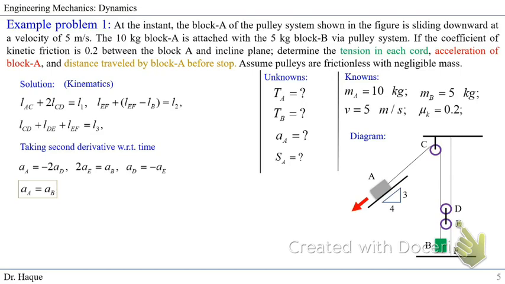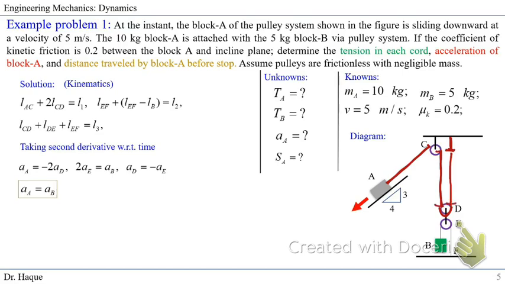So the first one, we say LAC, the length of the rope from this point to here, AC, plus twice CD. Remember we assumed in our theory of pulley that there is a fixed, non-changing length we don't consider. So this is the length of AC and the length of CD, and this part we neglect because it is too small.